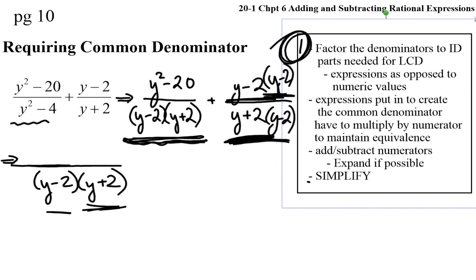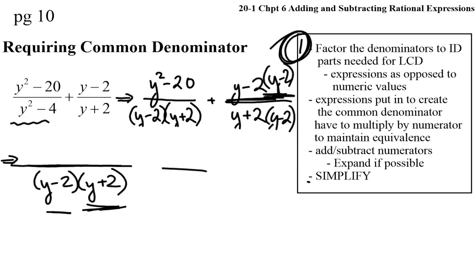Well, this is where you start to see the size and the number of steps that these questions can have. Because here's what we have remaining now in our numerator. Our denominator, we're happy with y minus 2, y plus 2. We didn't have to do anything here. Y squared minus 20, we were okay with that.